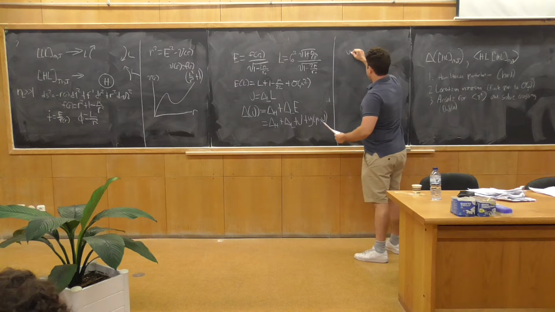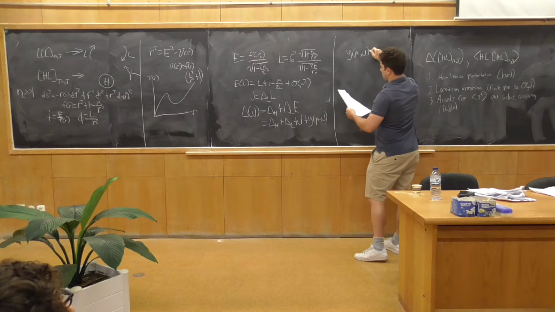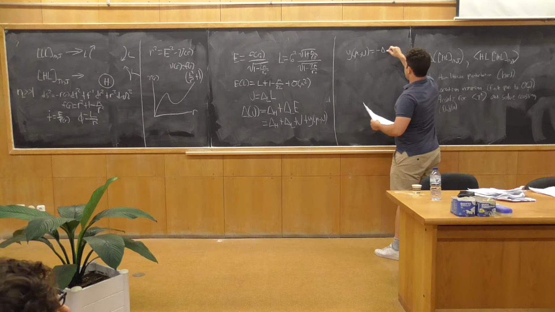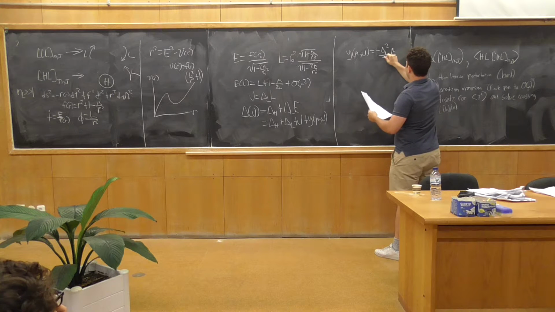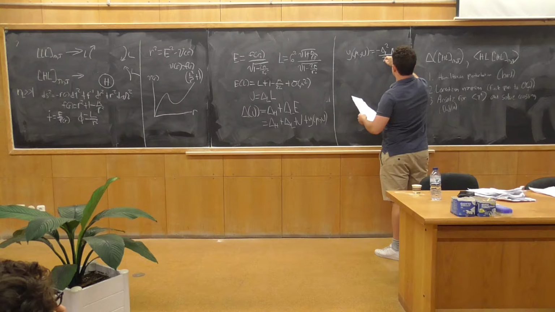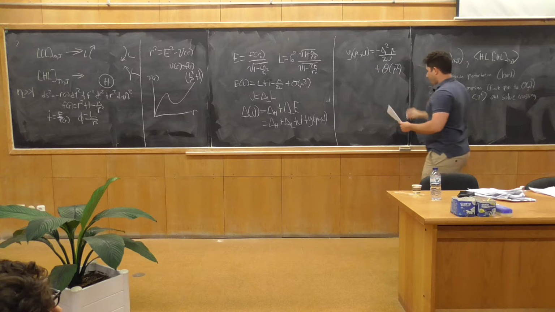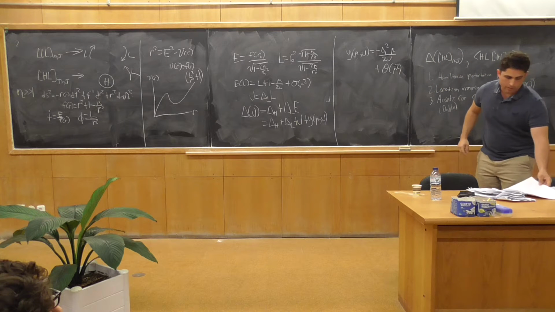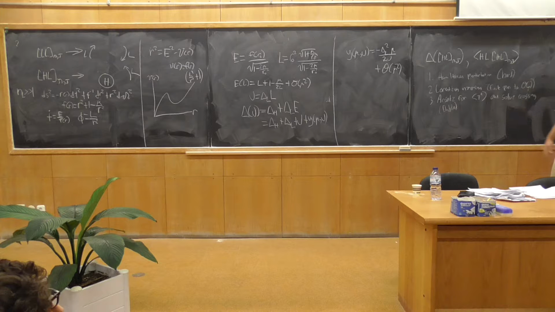In particular, what you find is that this anomalous dimension gamma is equal to minus delta light squared mu over 2J plus order mu squared. So this matches the results from these three methods that I mentioned before.